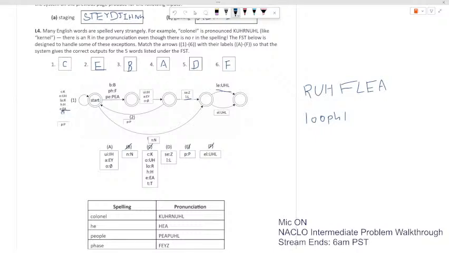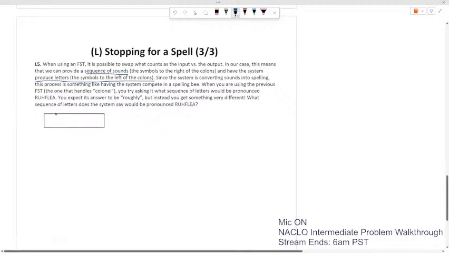Like L and then E. I'm gonna do this one, loufle, because it would backtrack before going forward.